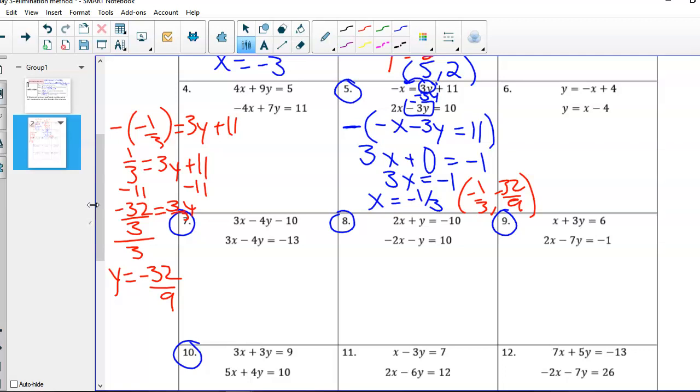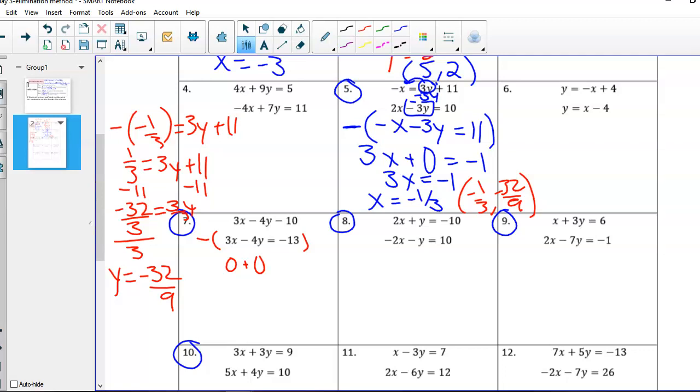So to get rid of my x's, I would subtract, and to get rid of my y's, I would also subtract. So when we do this, 3x minus 3x, we get 0. Negative 4y minus negative 4y is what? It's still 0.